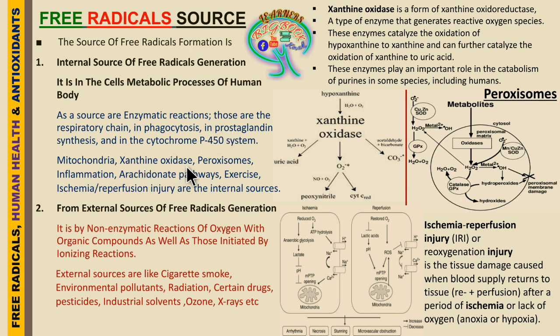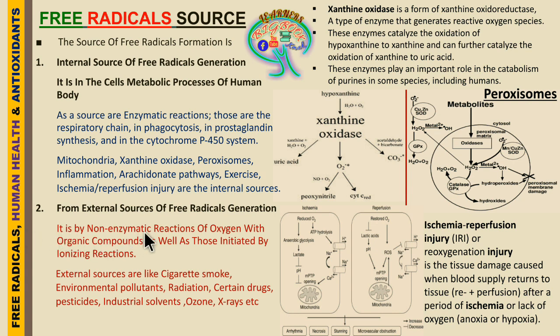And xanthine oxidase, peroxisomes, inflammation, and arachidonate pathways, and the exercise that we do every day, even it is going to cause a metabolic difference and can cause a metabolic byproduct as the free radical. Ischemia and reperfusion injury are also internal sources for the generation of free radicals.